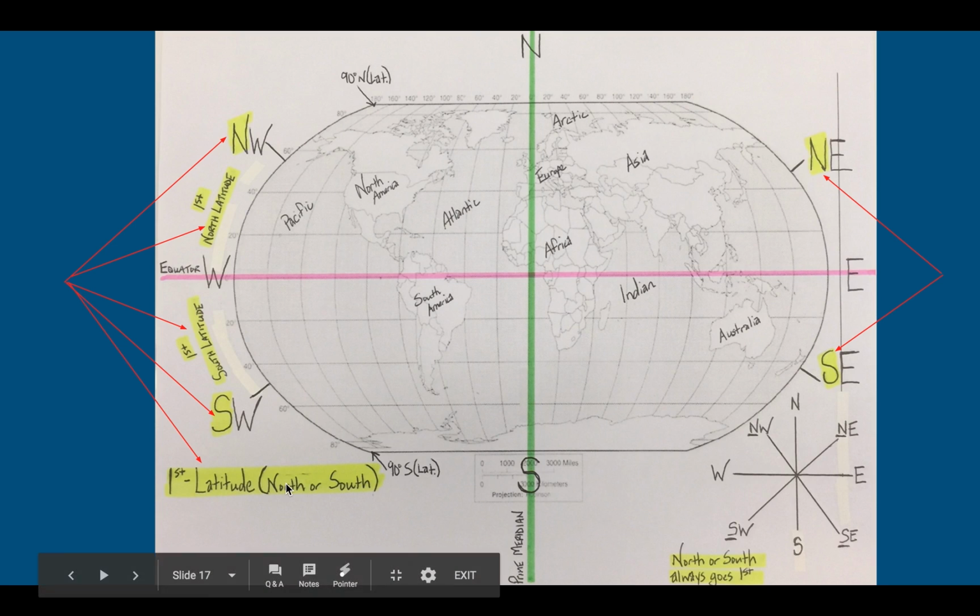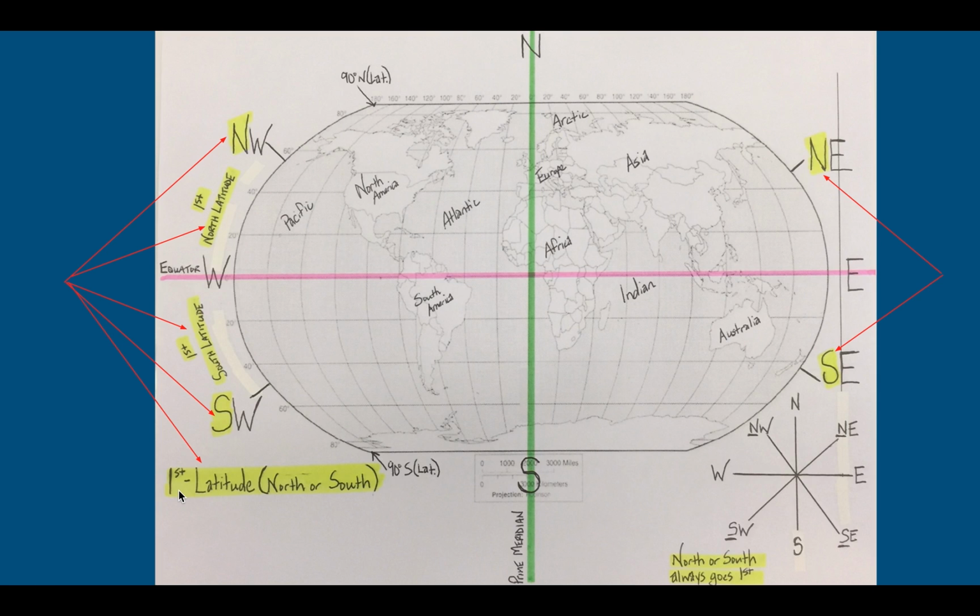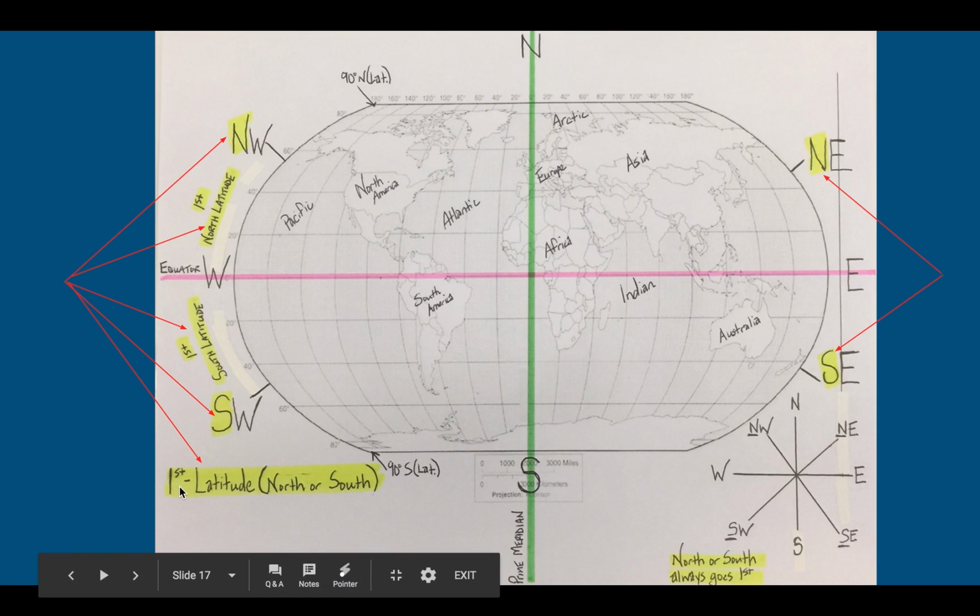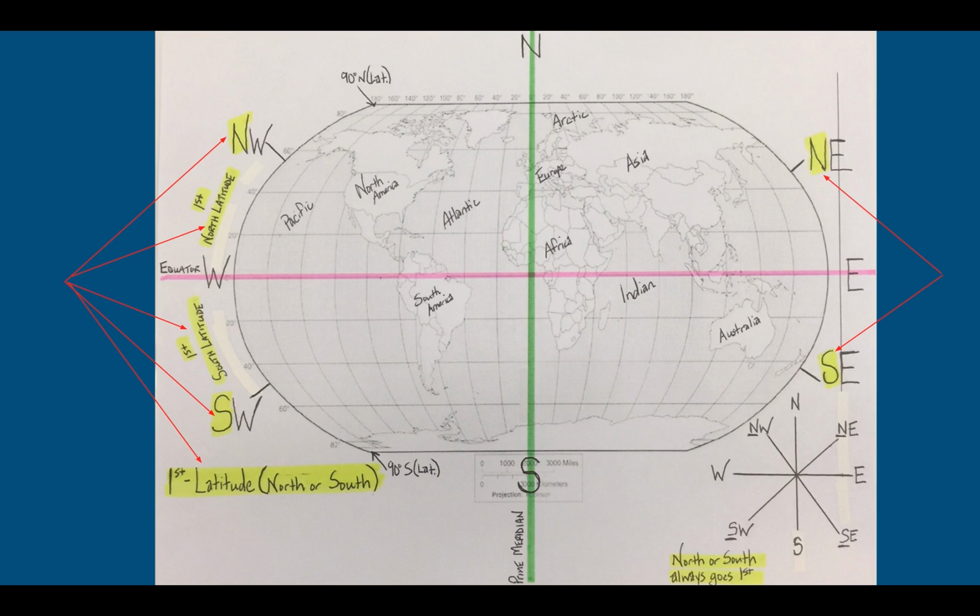Next step, I need you to make a side note on the corner, left-hand side at the bottom. I want you to write down first dash latitude in parentheses north or south. This will make more sense when I explain how to calculate latitude and longitude. I just need you to copy this down, and I need your map to look exactly like my map.